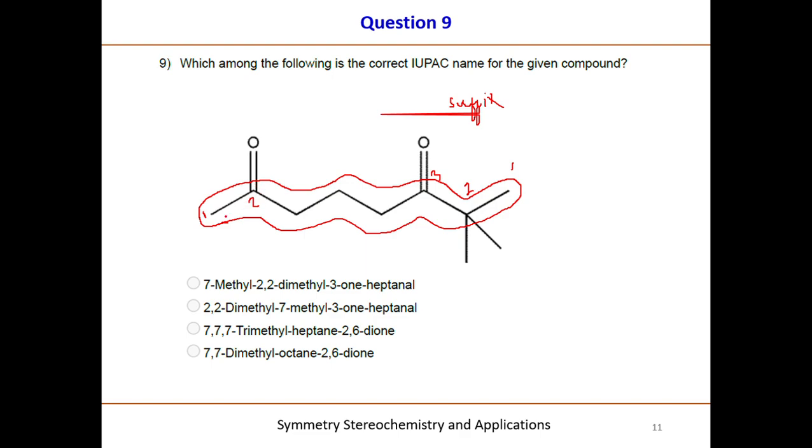So we will give numbering from this side only because this is the lowest carbon number. 3, 4, 5, 6, 7, 8. Okay, so this is an 8 carbon system.